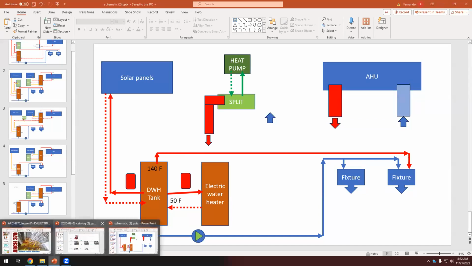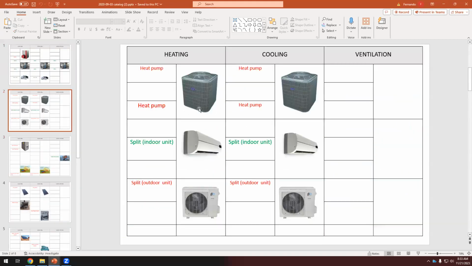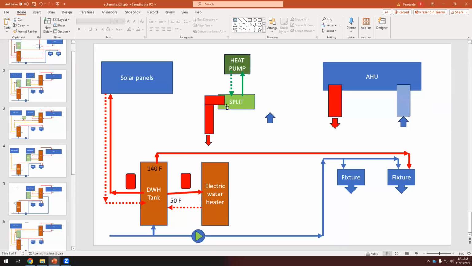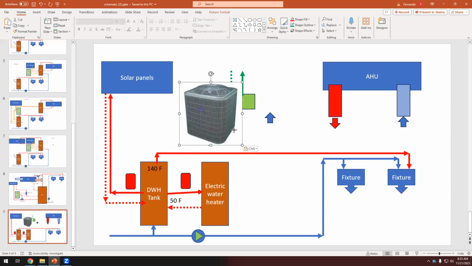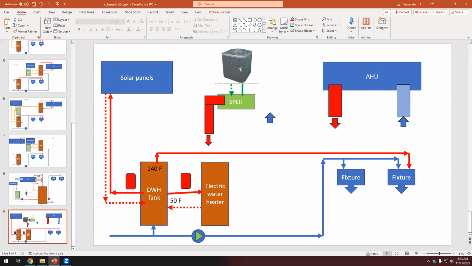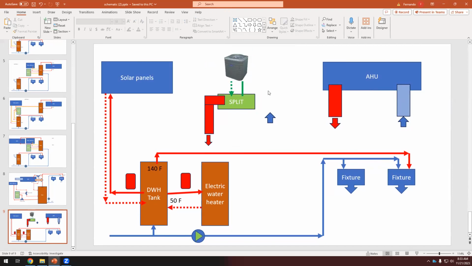If we want to do this in a different way, you can use this. So a heat pump is not just a block. You can insert a real thing if you feel more comfortable using real stuff. So we can do this. What about the air handling unit?